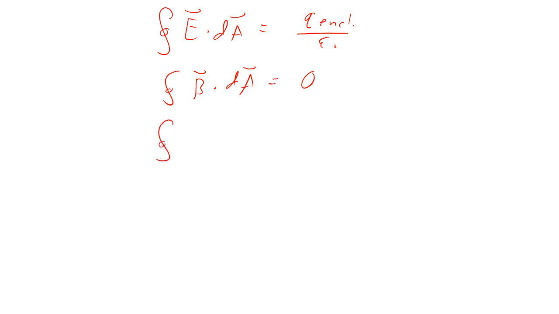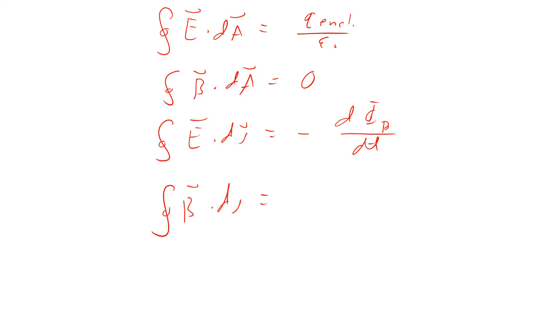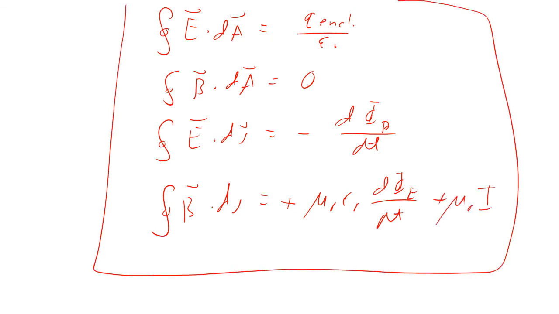Integral of E dot ds is equal to minus the rate of change of magnetic flux, and integral B dot ds equals, we can change the order here, mu naught epsilon naught times the rate of change of electric flux plus mu naught I. And that gives us Maxwell's equations.